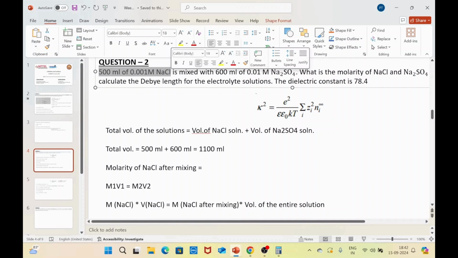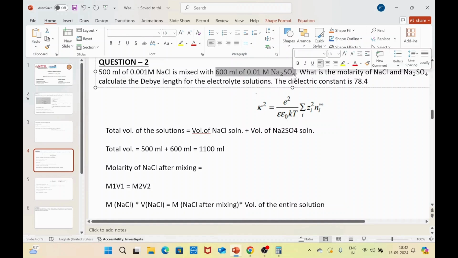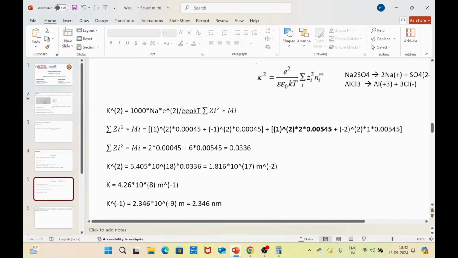Calculate the Debye length for each as two separate problems, and then compare with this value and check how mixing two different salt solutions affects your Debye length. That will be something interesting to observe. How will the Debye length change when you mix two salt solutions?